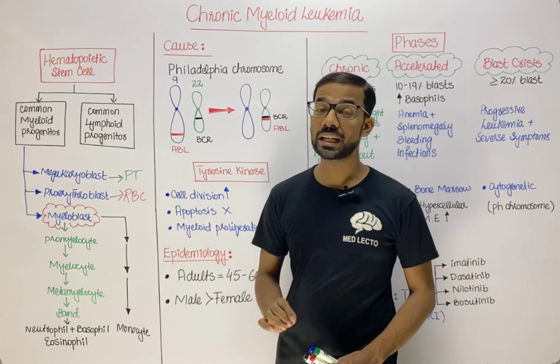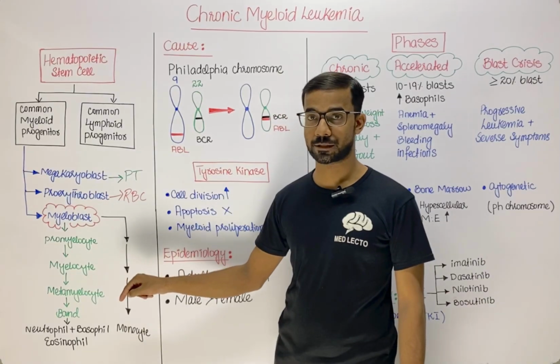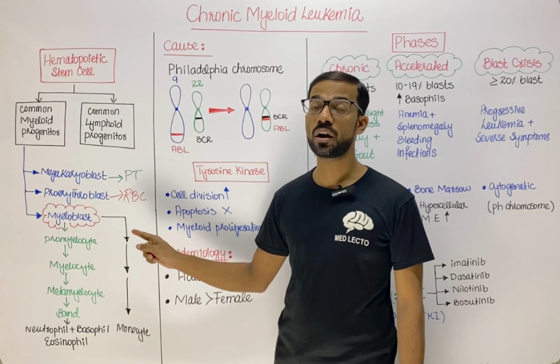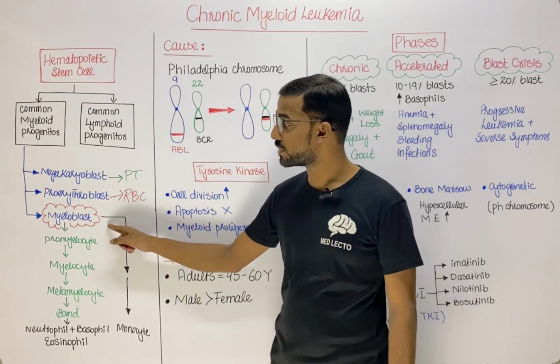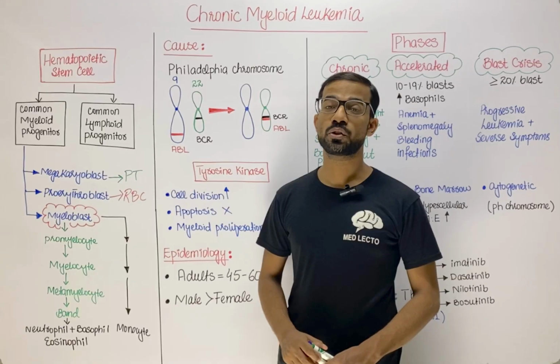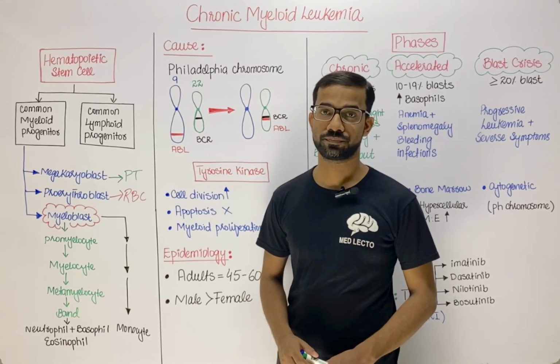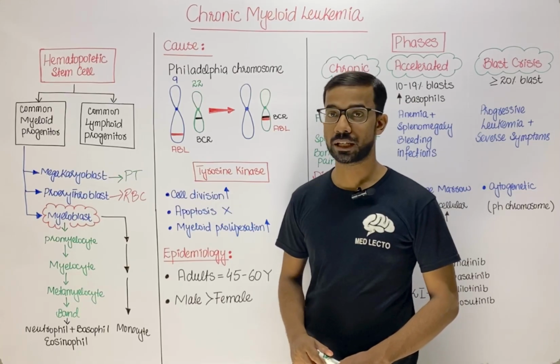But in chronic myeloid leukemia, differentiation happens, while in acute there is no differentiation or minimal differentiation. In this case you will see the differentiation, and ultimately a high number of neutrophils, basophils, like this one. So that is the important thing about chronic myeloid leukemia.